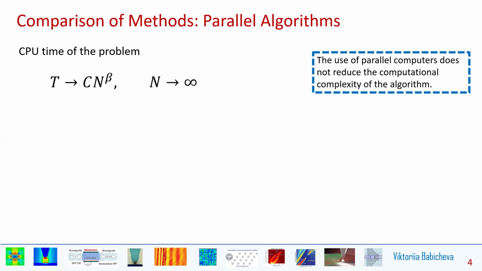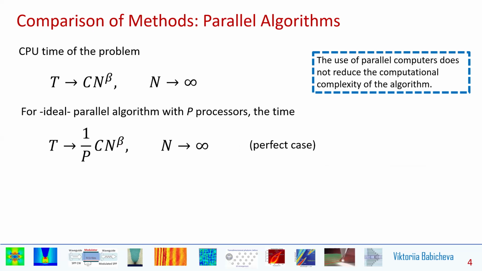We can use parallel computers to speed up the solution to larger problems, but they do not reduce the computational complexity of the algorithm. If a problem takes CPU time proportional to N^beta, then an ideal parallel algorithm to solve the same problem with P processors has CPU time that scales as N^beta over P. Such an ideal algorithm is said to have a perfect speedup and 100% parallel efficiency.